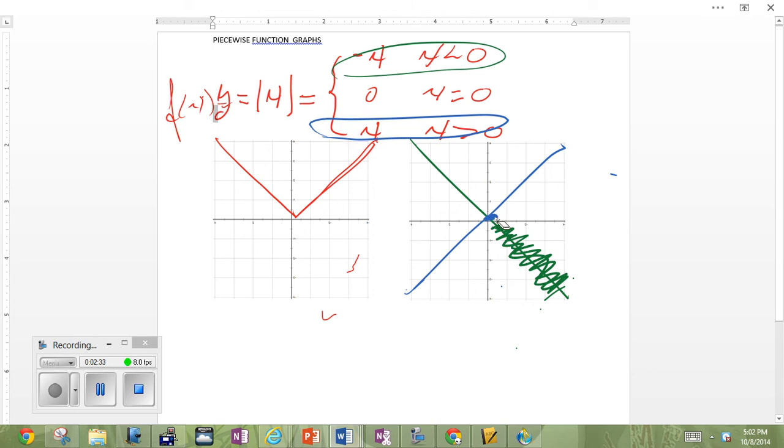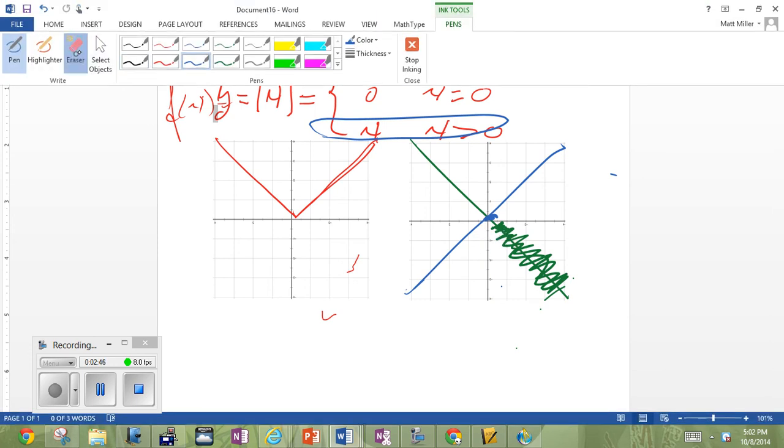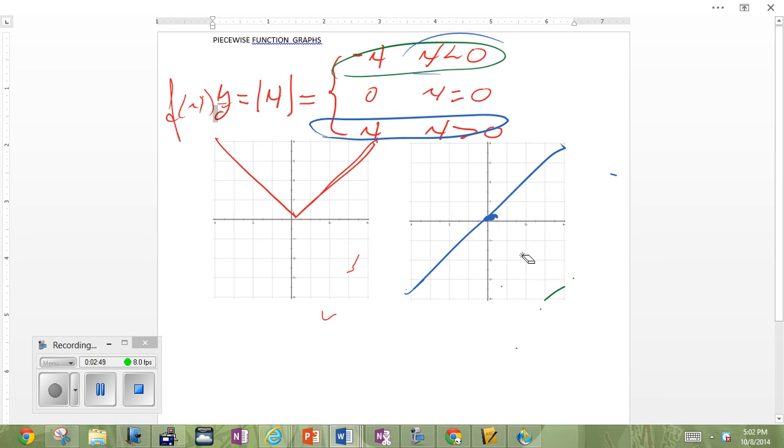Now, what this means is I want the green line only for the x values that are negative, because that's what it says here. So I have to come down and erase. Let me see, I can erase this. Well, that's what I thought. It's going to erase the whole thing. Let me just try to undo that.